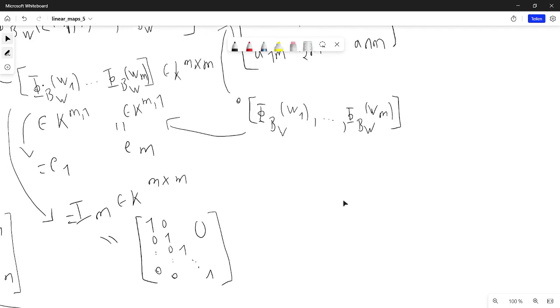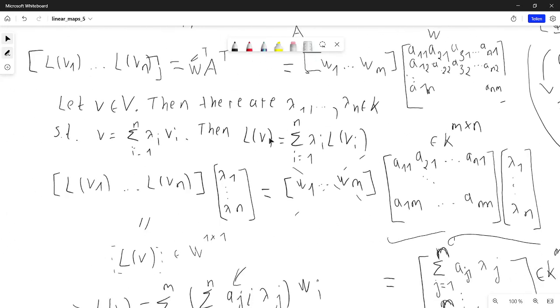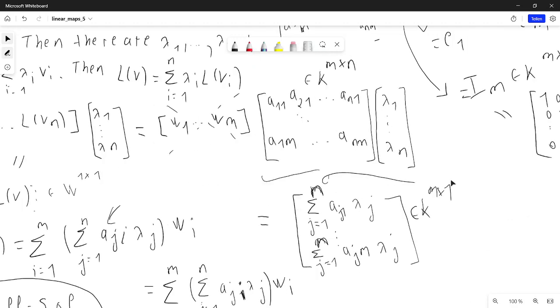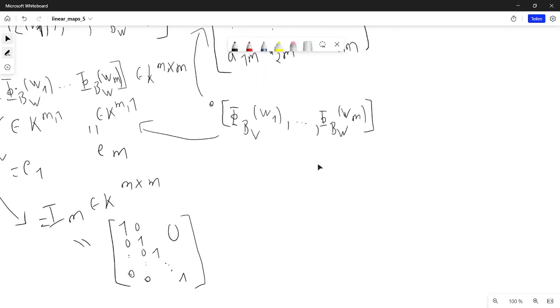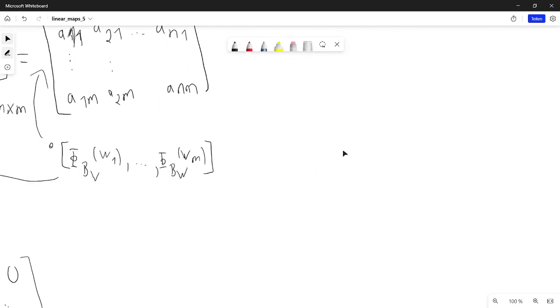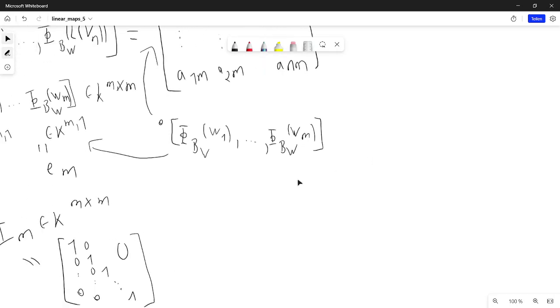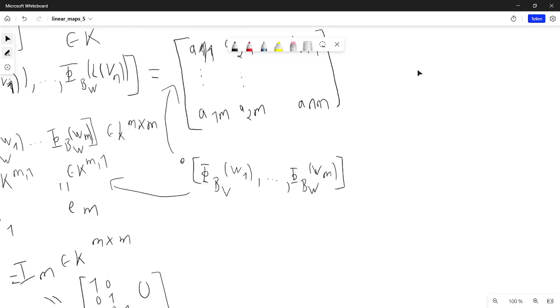But now, the thing that we were interested in was this. We wanted to have an arbitrary vector, and we wanted to have an easy way to compute the coordinates of its image with respect to the basis BW when we have only its coordinates with respect to BV, and of course we have those coefficients, right?